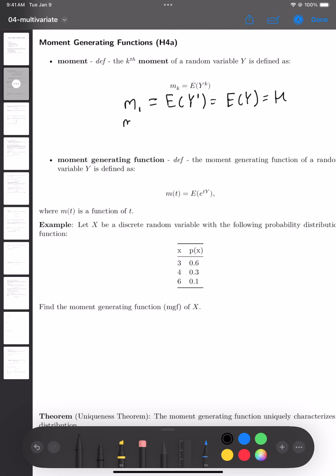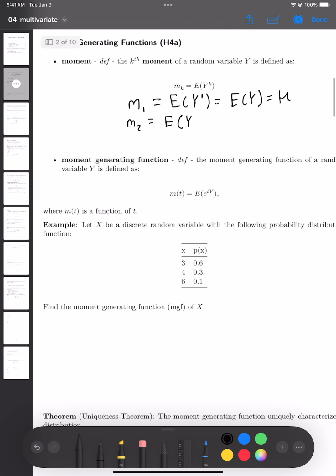We've also used the second moment, so that would be the expectation of y squared. This isn't the variance directly, but we've calculated this a lot to actually calculate the variance. But it doesn't have to stop there. k can be any integer.